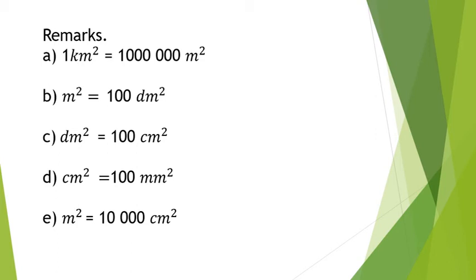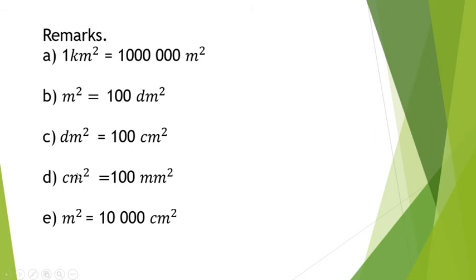Remarks. 1 square kilometer equals how many square meters? 1 square kilometer equals a million square meters. Square meter equals how many square decimeters? Square meter equals 100 square decimeters. Square decimeter equals how many square centimeters? 100 square centimeters.